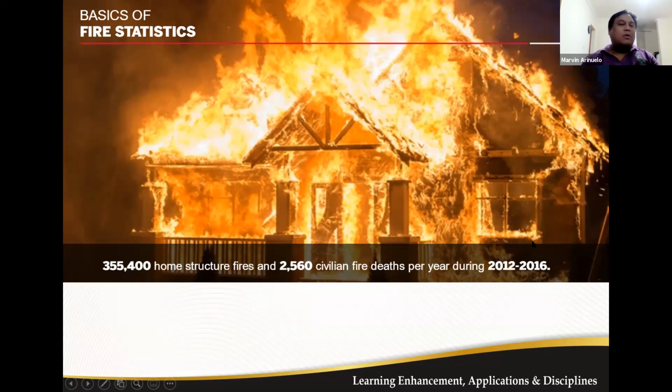We will also find further information in the materials I already shared with you. The name of that material is the Home Structure Fire Research. So if you have time, spend some time reading that, no problem.